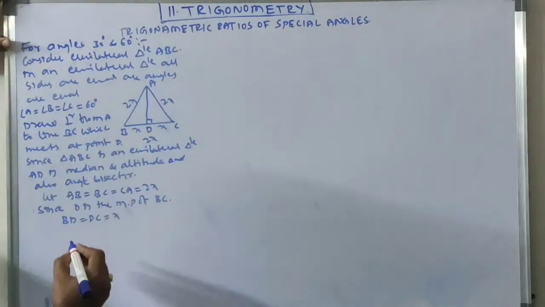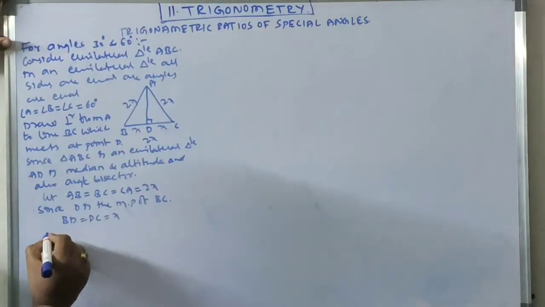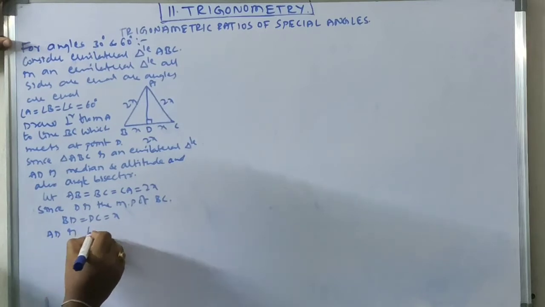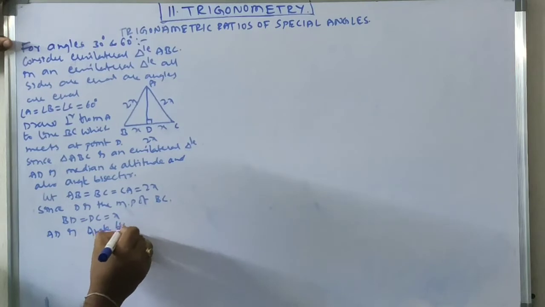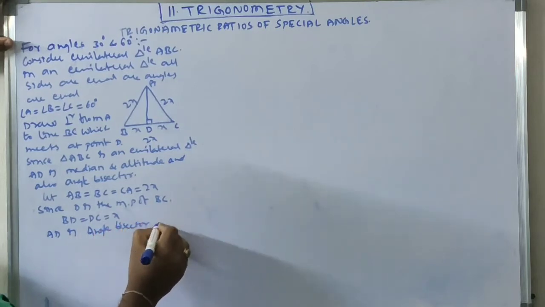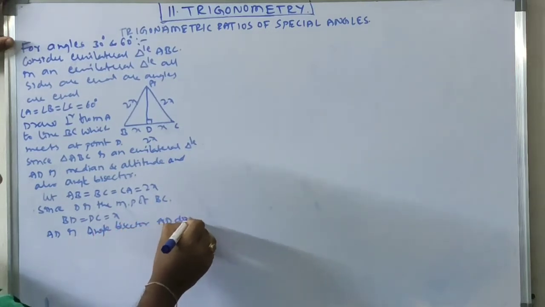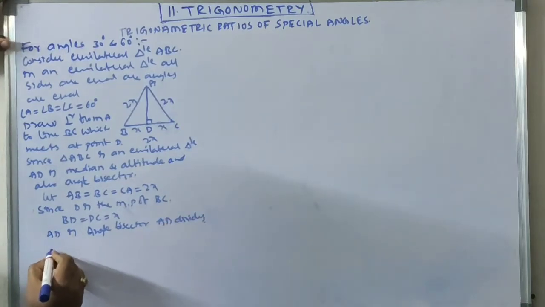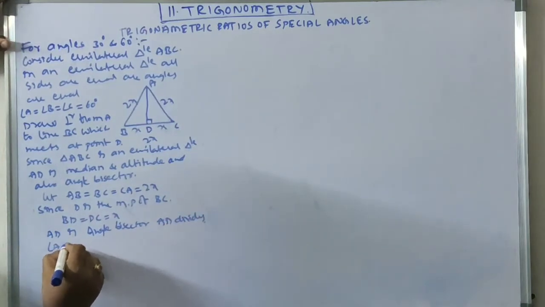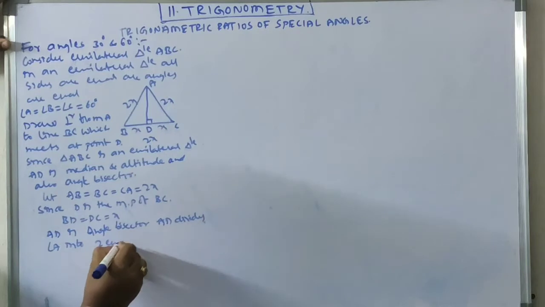AD is the angle bisector. AD divides angle A into two equal parts.